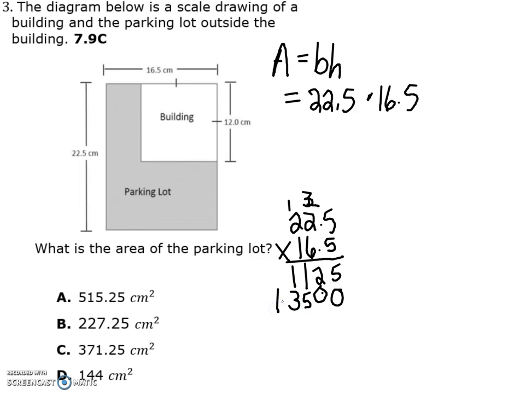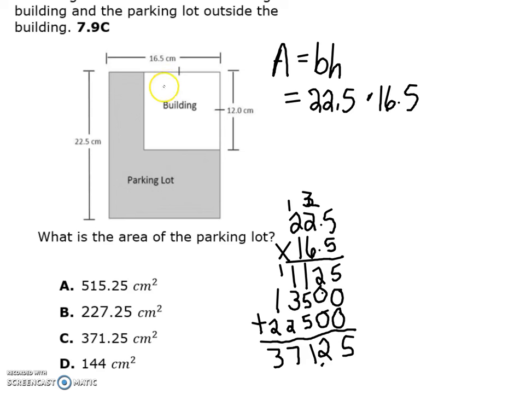All right, then we got to go into the third row, put two placeholders. 1 times 5 is 5. 1 times 2 is 2. 1 times 2 is 2. We're going to add it up. We have 5, 2, 11, 3, 4, 5, 6, 7, and 3. We have to add in the decimal point. 1 decimal place plus 1 decimal place is 2 decimal places. So the area of the entire thing is 371 and 25 hundredths.